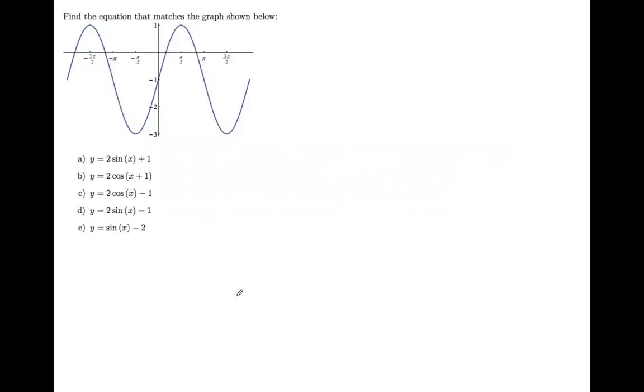So I'm going to start this one by looking at our amplitude and our range. Okay, so our amplitude, note, is 2. So this is going to be either y equals a times the sine of bx minus c plus d, or y equals a times the cosine of bx minus c.